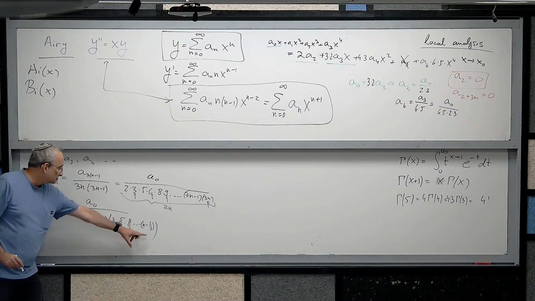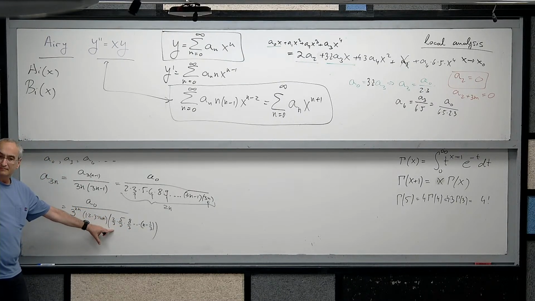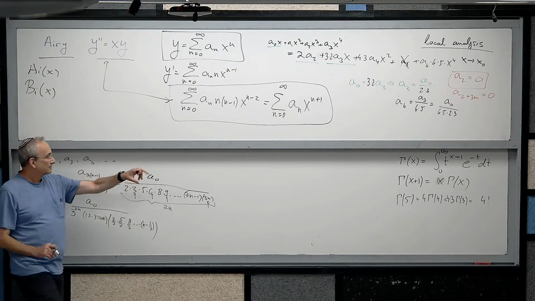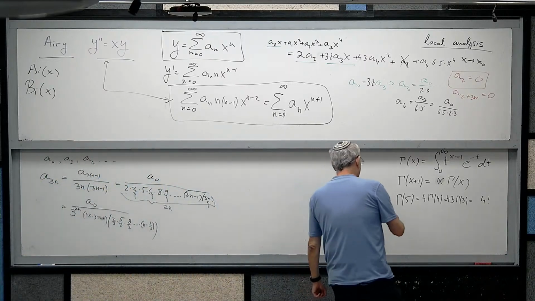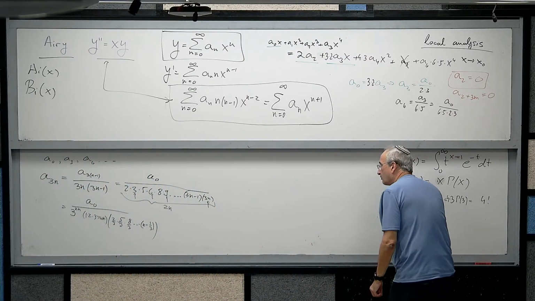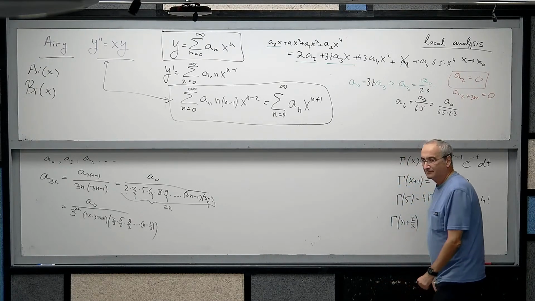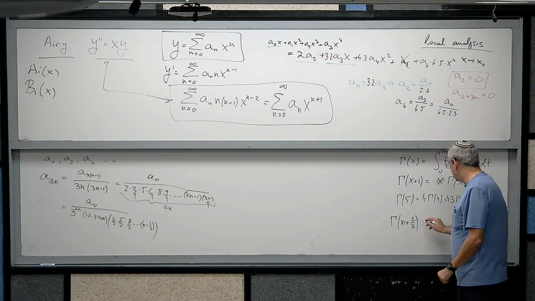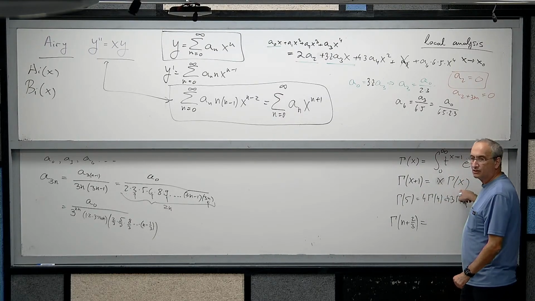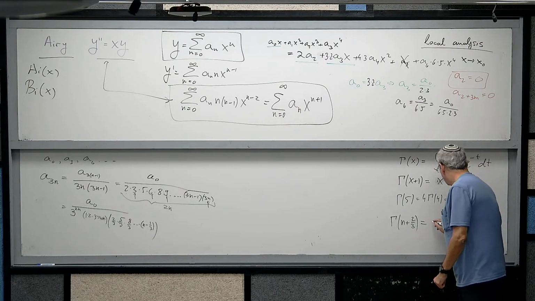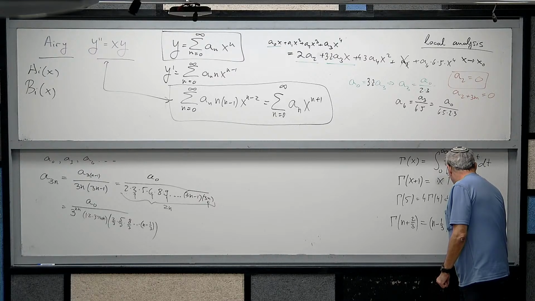So the challenge is to express this. How to do that? Gamma function. I'm saying that gamma of n plus 2/3 is, according to the recursion relations of the gamma function, n minus 1/3 times gamma of n minus 1/3.